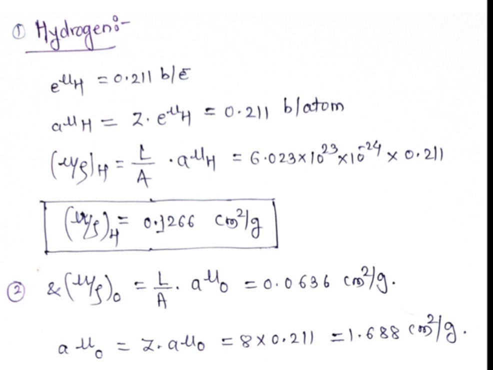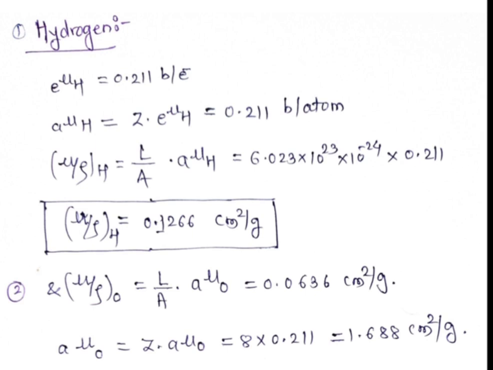The atomic absorption coefficient of the oxygen is equal to Z into the electron absorption coefficient of the oxygen, so just put in the atomic number of the oxygen, which is 8, and multiply it by the electron absorption coefficient, 0.211.